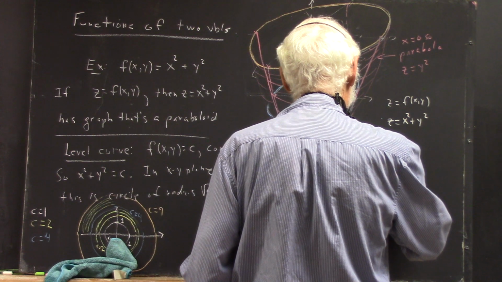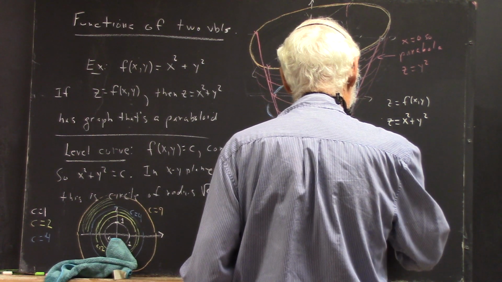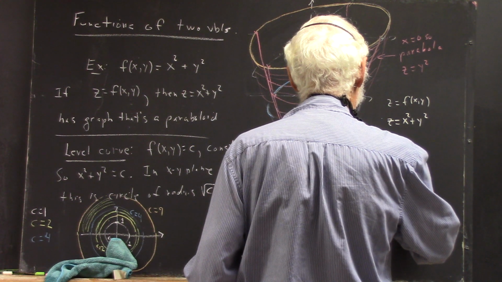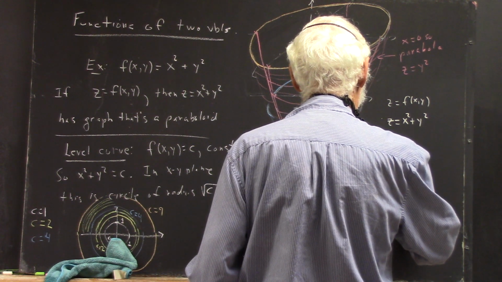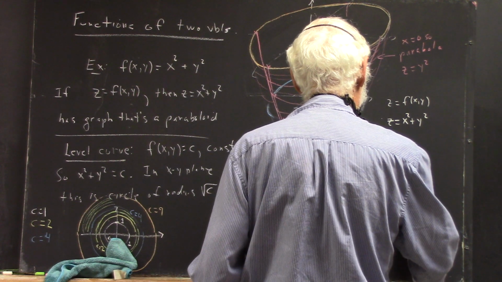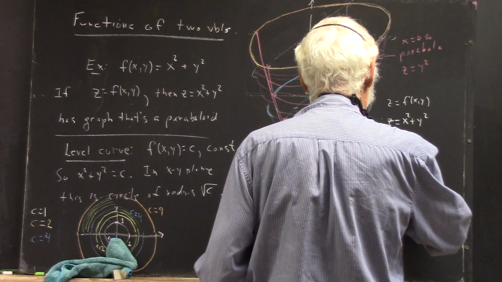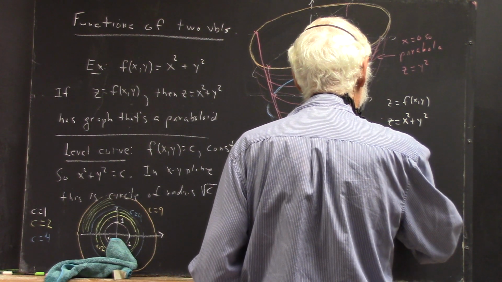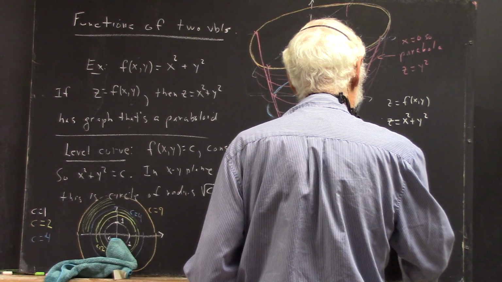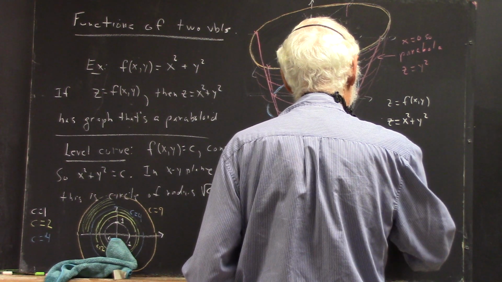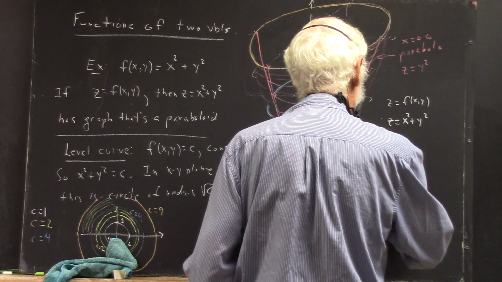So what we have is, and this is not drawn very well as a representation of the quadratic surface, but let's just say we got something that looks like this.